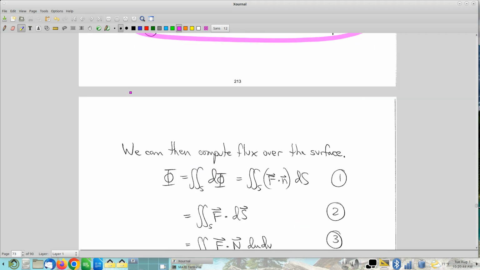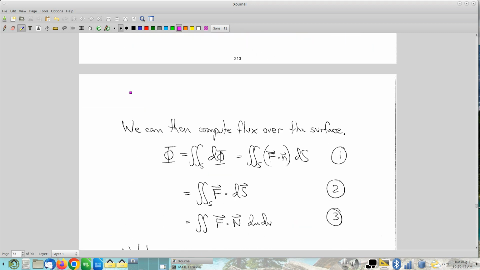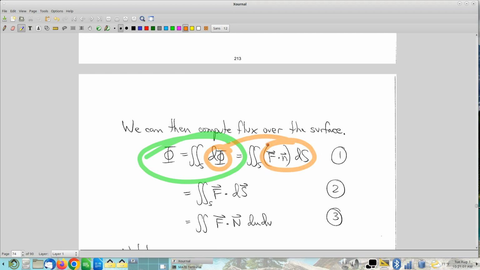Here we go. You want to compute the total flux. Recall, we argued previously that the total flux is the sum of all these individual little pieces of flux. Recall also, on any little piece, we derived this formula, F dot n times ds. This is the perpendicular velocity times the area.